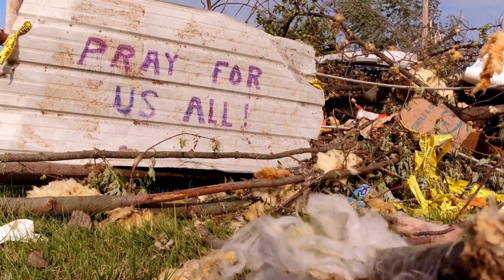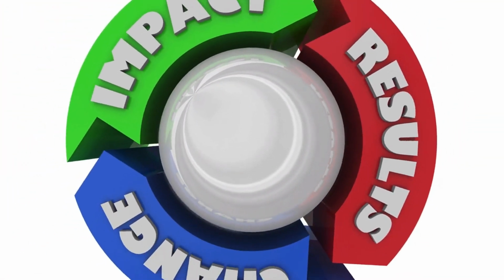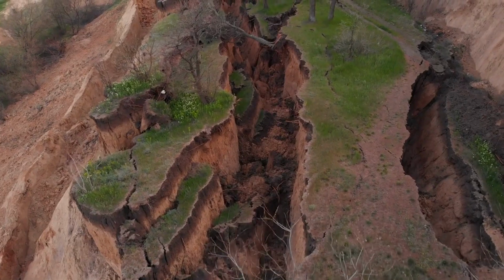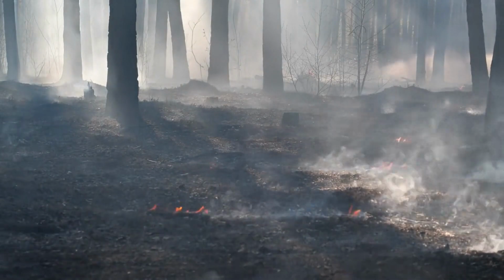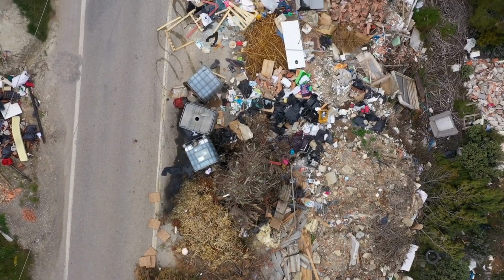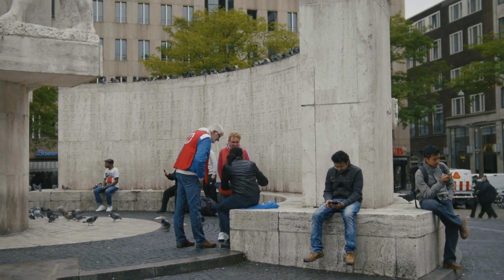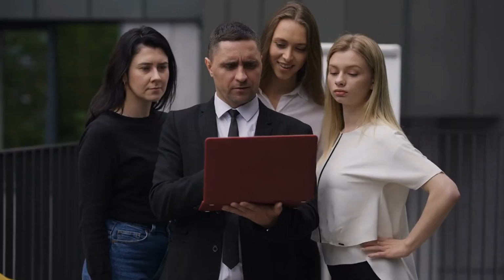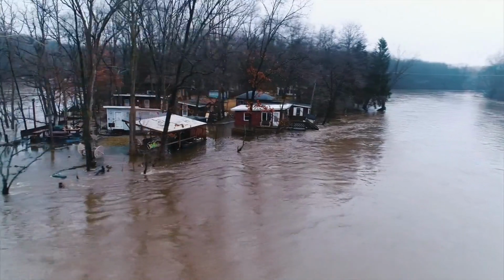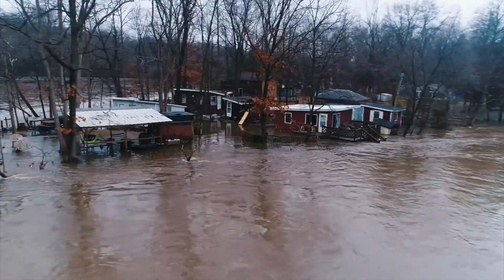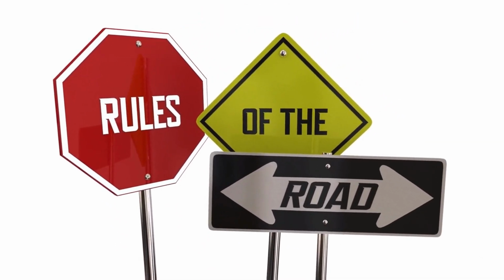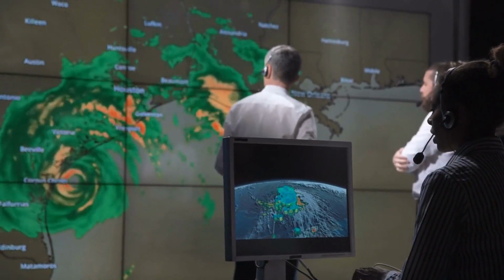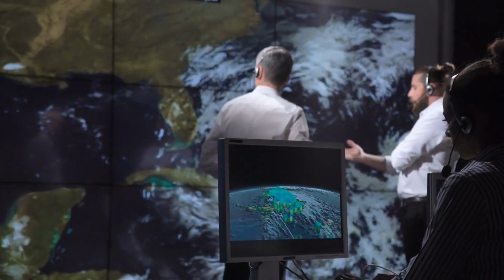So what can you do to help? There are many ways that you can make a difference. You can support businesses and organizations that prioritize sustainability and environmental protection. You can also advocate for policies that address these challenges, such as carbon pricing, or regulations to reduce greenhouse gas emissions. You can educate yourself and others about the economic impacts of natural disasters and environmental issues and encourage others to take action.